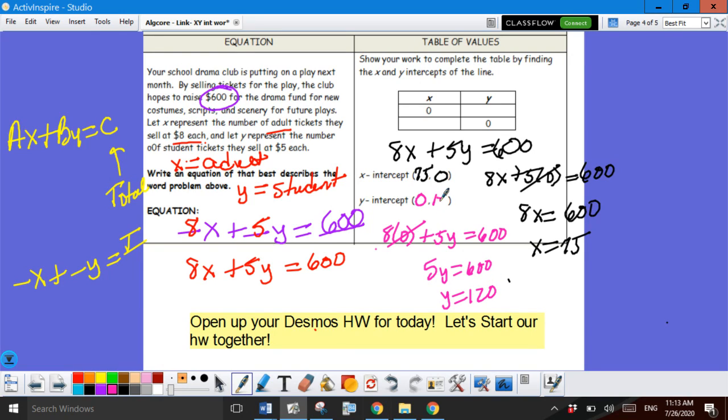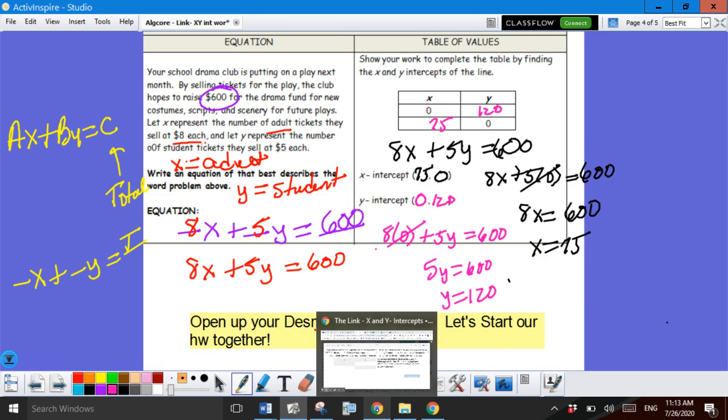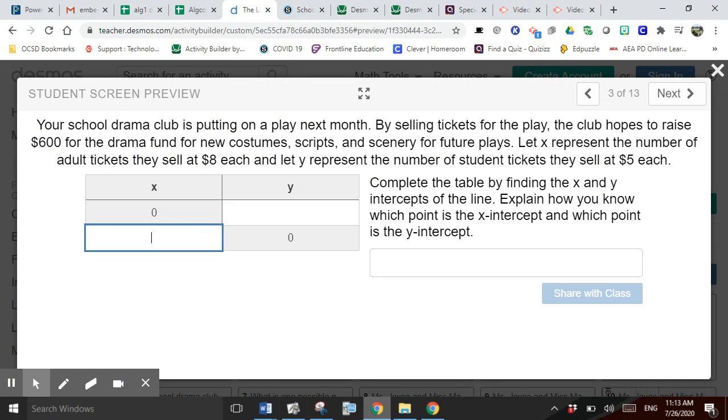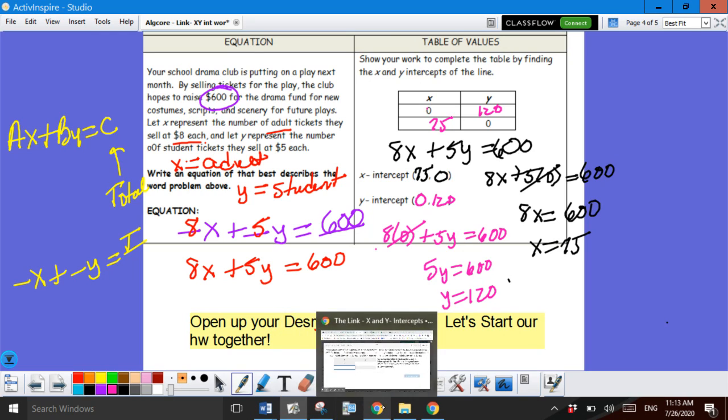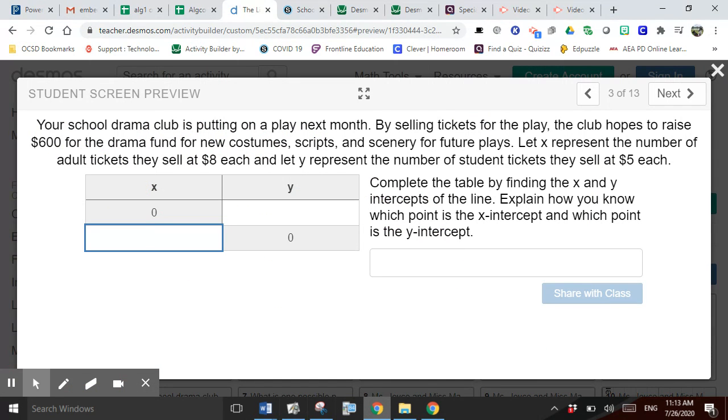So I've got 0, 120, and 75, 0. So let's go ahead and fill in your tables and answer the question. So I have, again, 75, 0 and 0, 120.